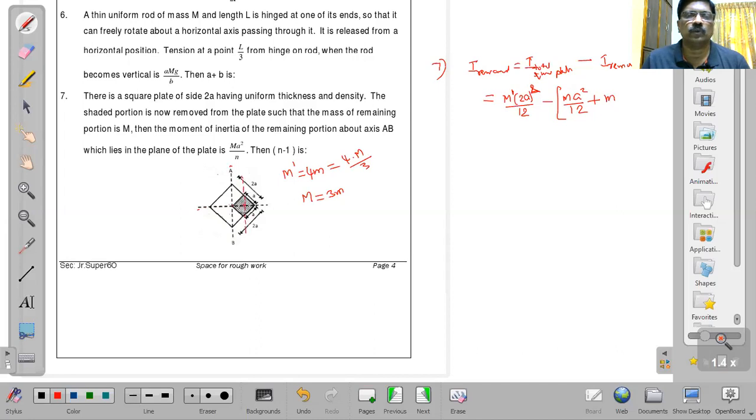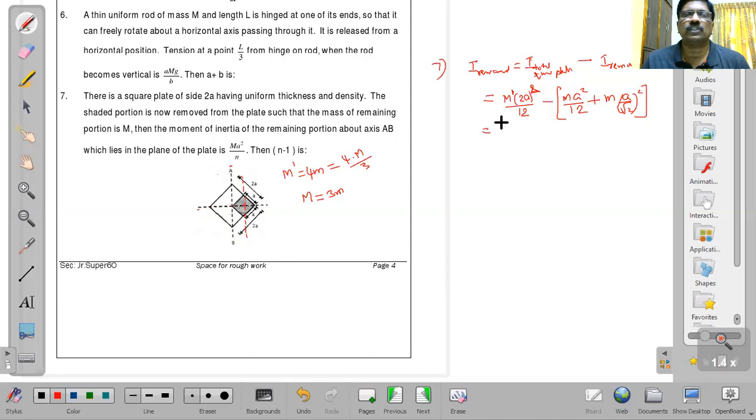The distance between the two parallel axes means this one. If the side is a, the diagonal is root 2 a, and half of this means a by root 2. So we have to write a by root 2 whole square. Therefore, small m is equal to capital M by 3. You substitute there.